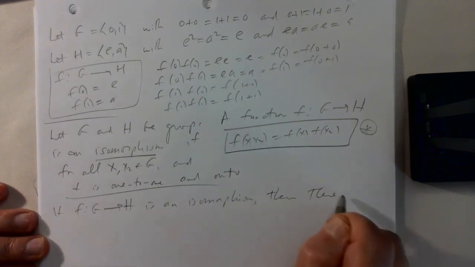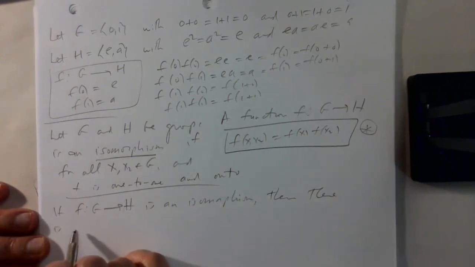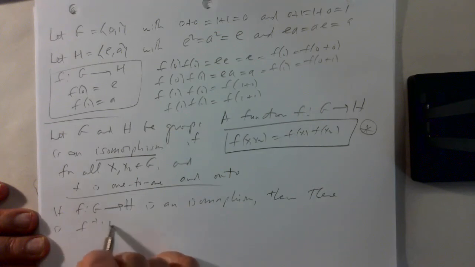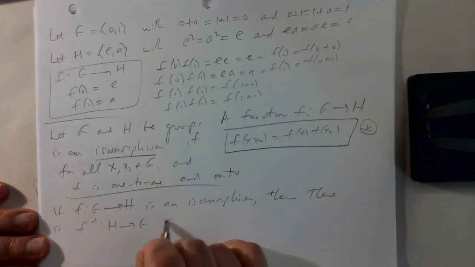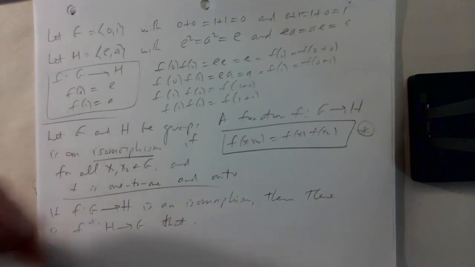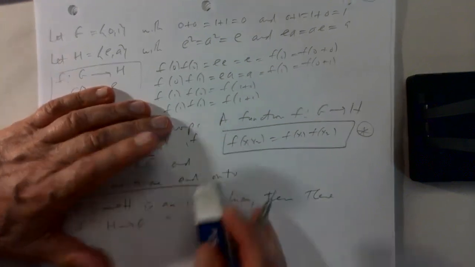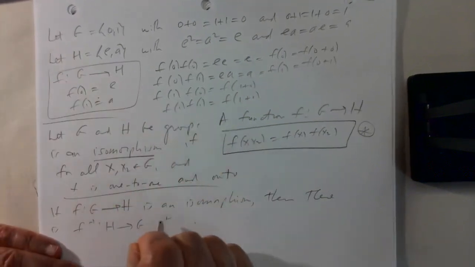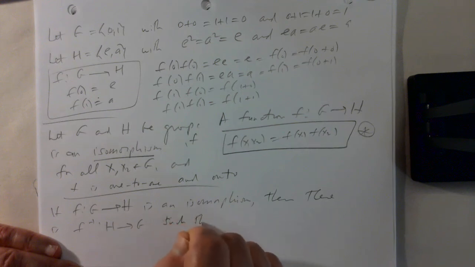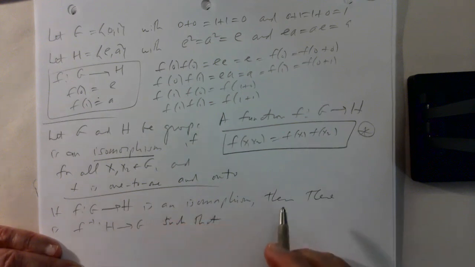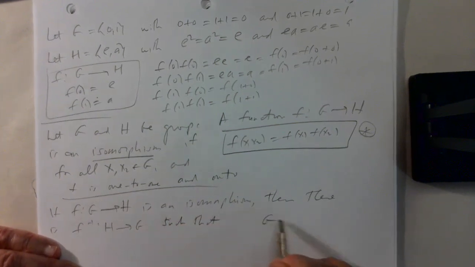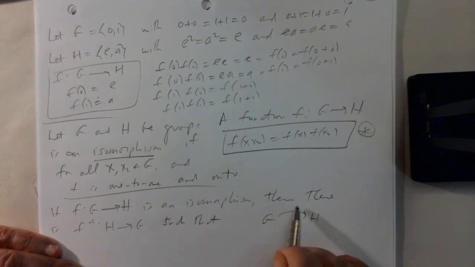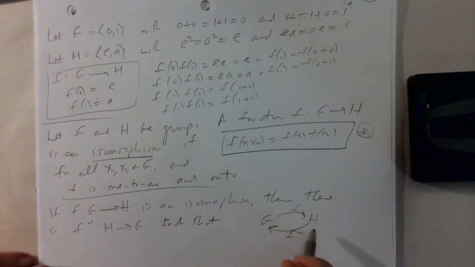Then there is a function f inverse from H back to G such that, so let me sort of draw a picture. We have G and H. We have a function f from G into H. We have a function f inverse from H back into G.